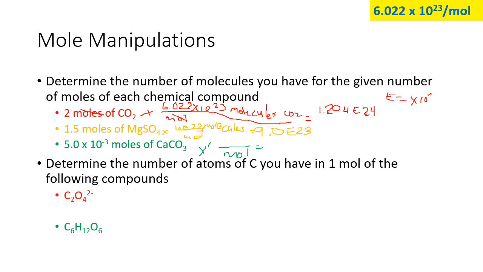So we have 6E23 of CaCO3 makes how many? 3.0 times 10 to the 21st molecules of CaCO3.